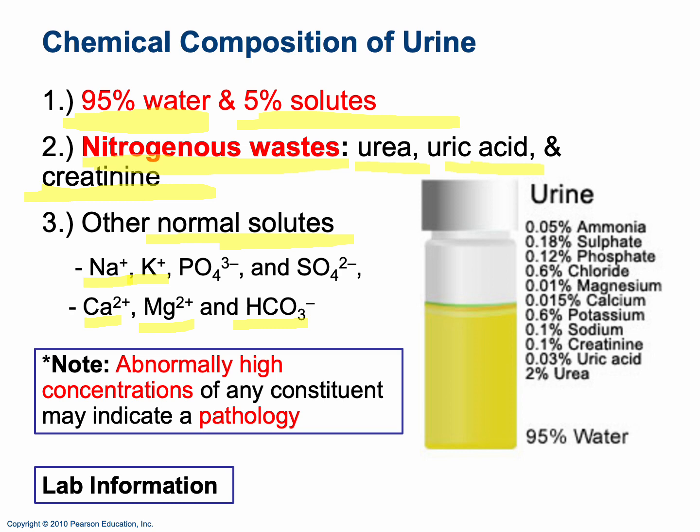But any abnormal high concentration of a solute may indicate someone has a pathology or disease. Hence the importance of doing a urinalysis sample when you're in the hospital and the physician's trying to figure out what's wrong with the patient.